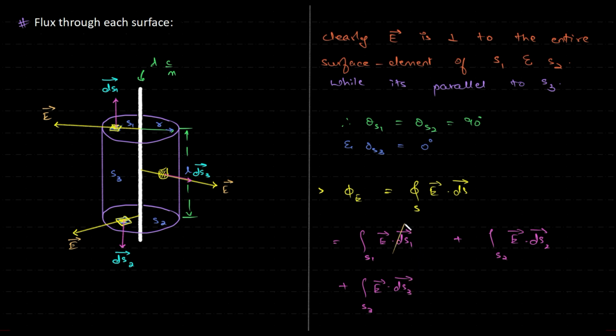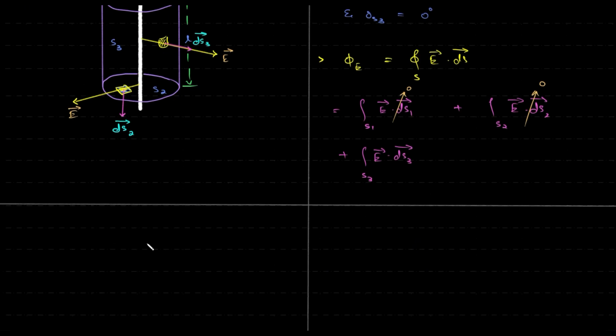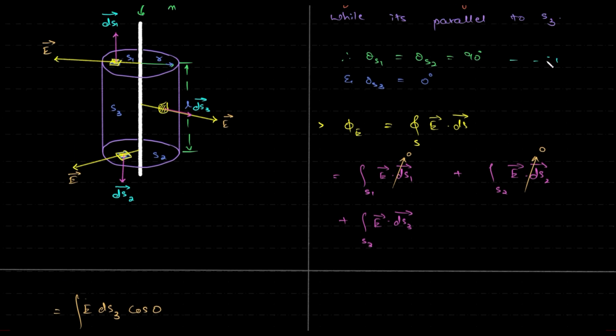Now, this will be 0 because theta S1 and theta S2 are 90 degrees. And here we'll end up with the integration of E dS3 cos 0, which is equal to 1. Right? So we can give the reason it's 1.